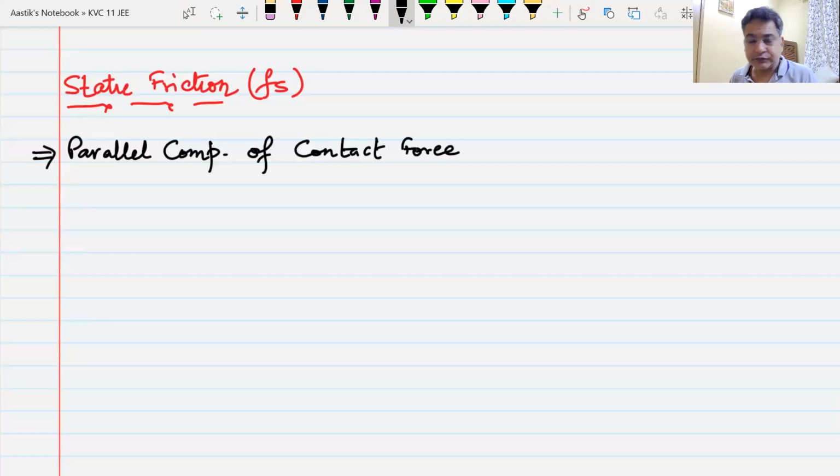Whenever two bodies are in contact, they exert forces on each other, contact forces. Because of this contact force, you can have one normal reaction force and one parallel component. When does the static friction Fs come?